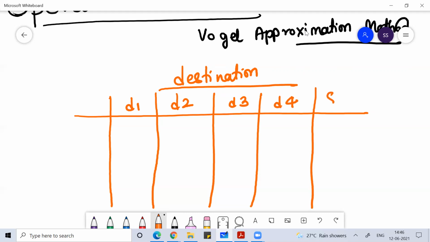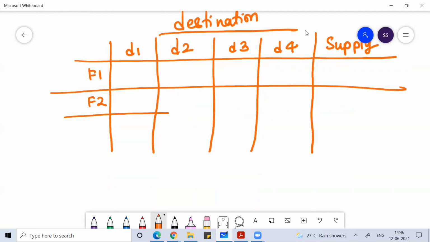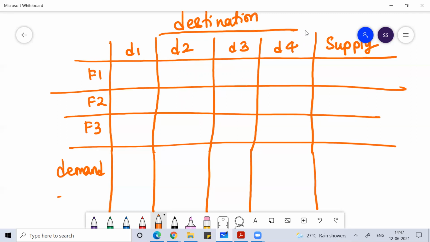You have supply and source. The sources are factories F1, F2, F3. This is demand, and this is the total sum of supply. The total sum of supply should be equal to the total sum of demand.